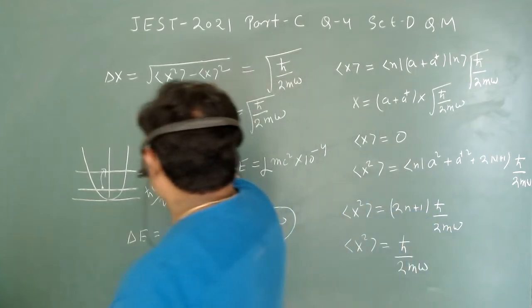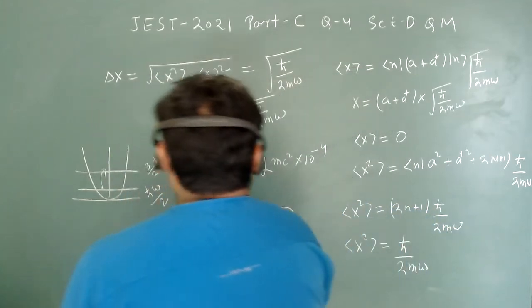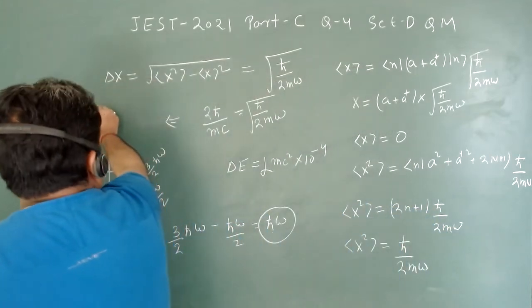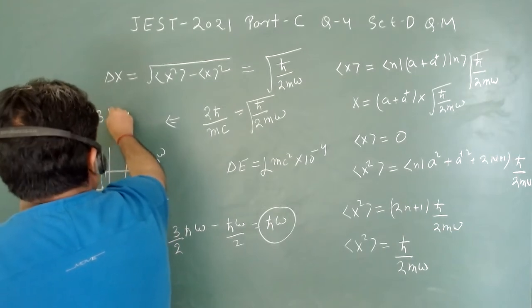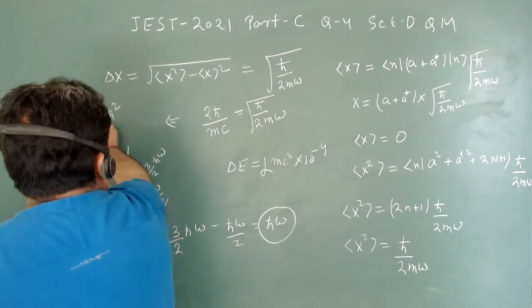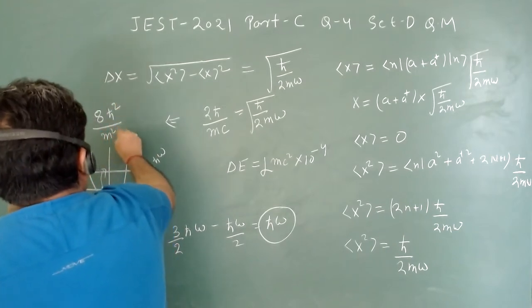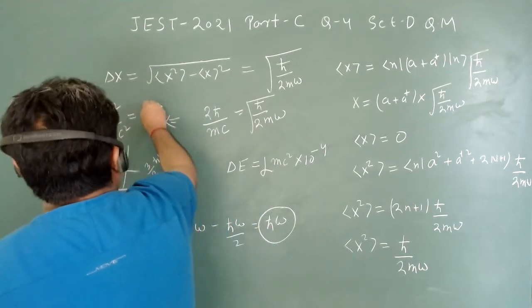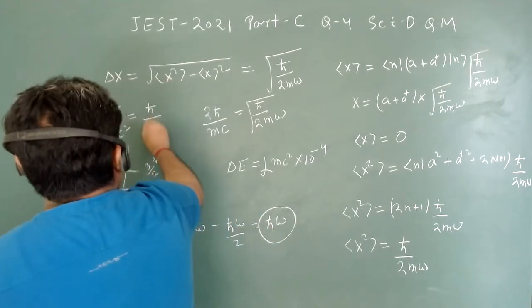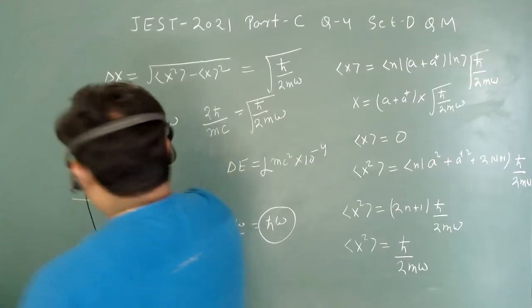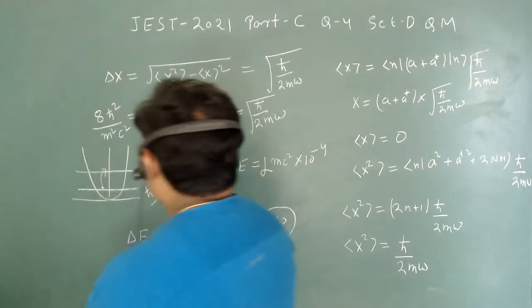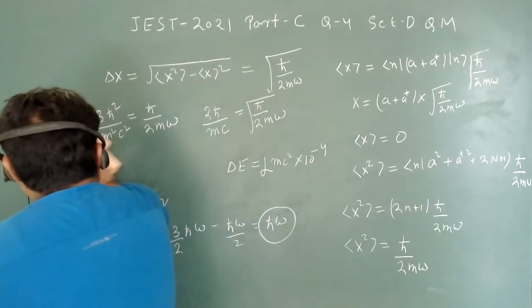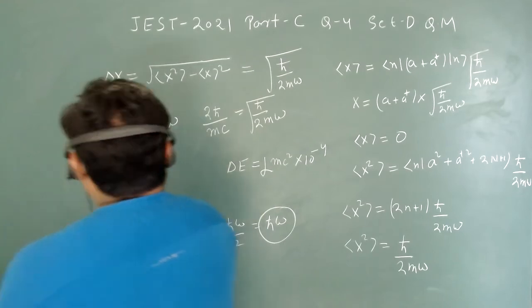When we square both sides, we have 8 h cut square upon m square c square is equal to h cut upon 2m omega, and we can cancel terms.